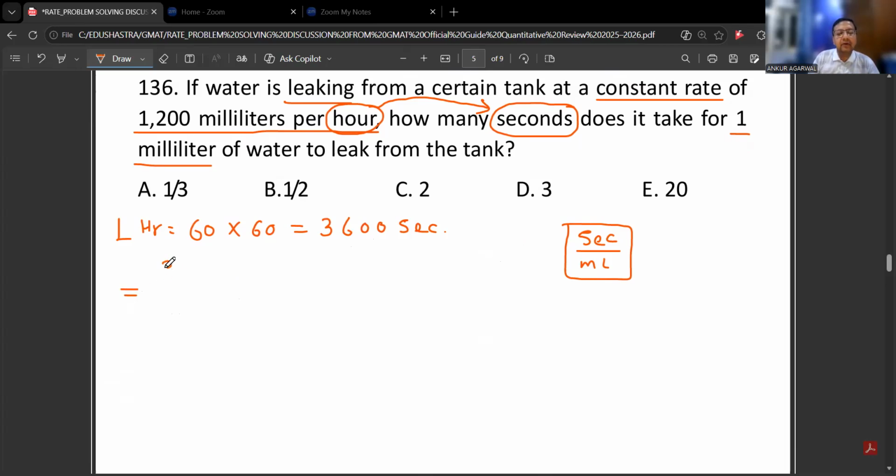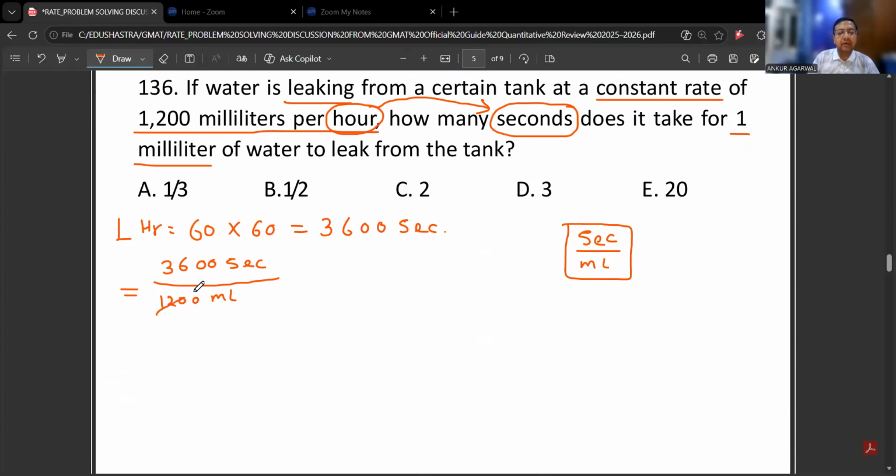Total time is what? I have 3600 seconds, and this is divided by what? 1 milliliter of water I have to take out, right? So what is the total volume I have? 1200 milliliters.